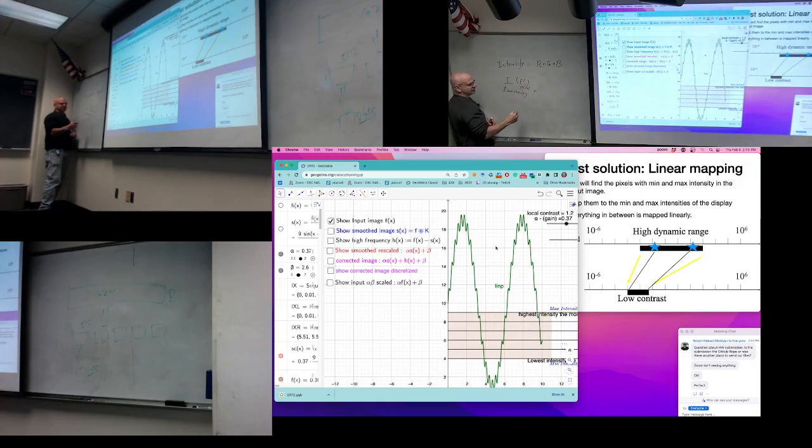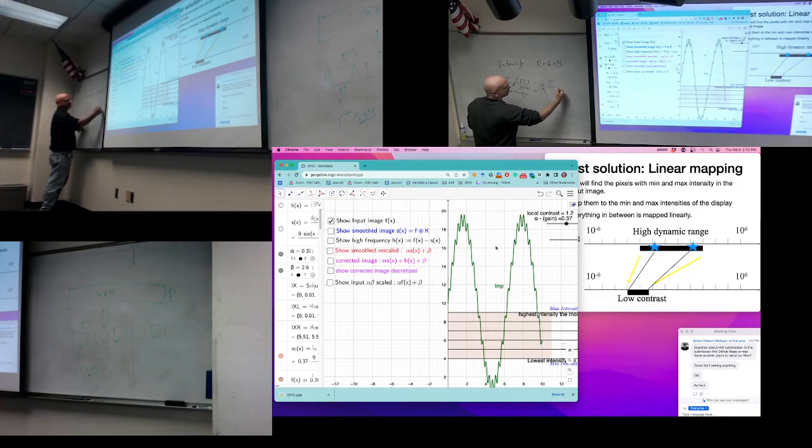The intensity of this pixel in the display, D for display, would be alpha. Remember how alpha is called? Alpha times the intensity of the world, of the image of the very same pixel, plus beta.